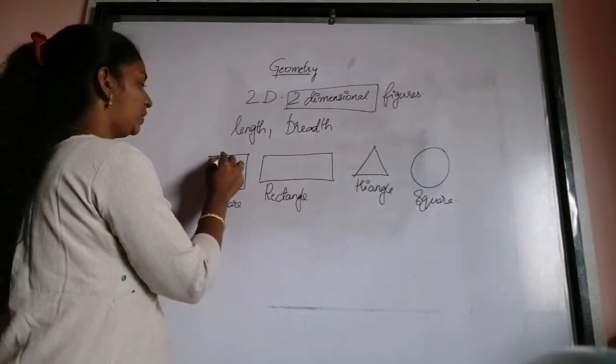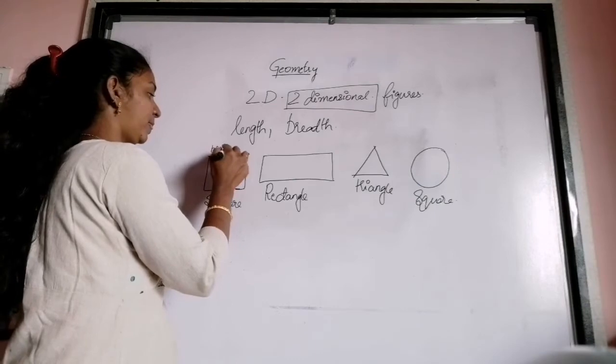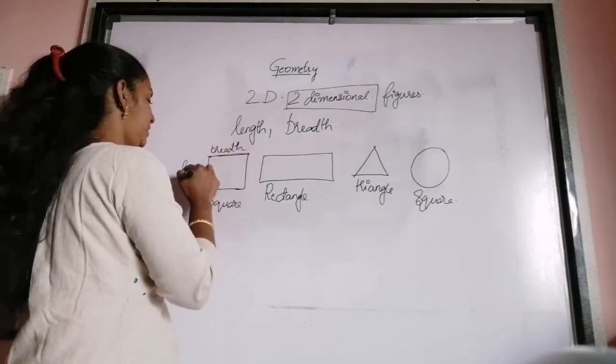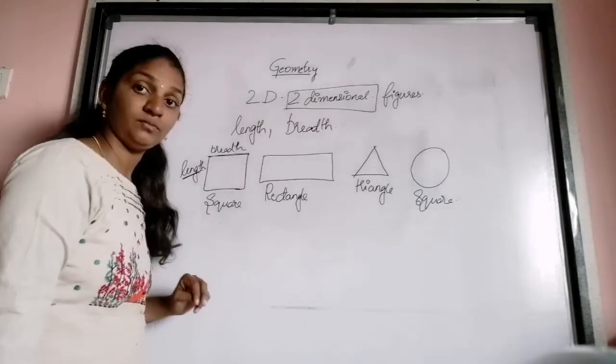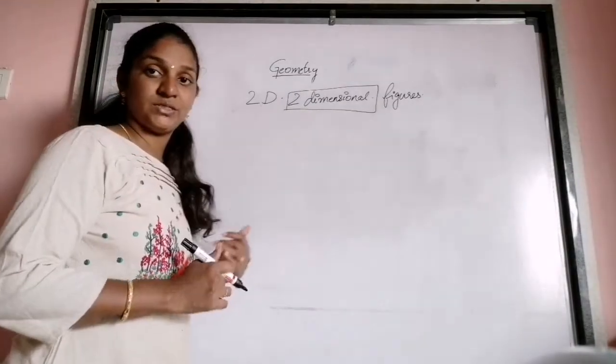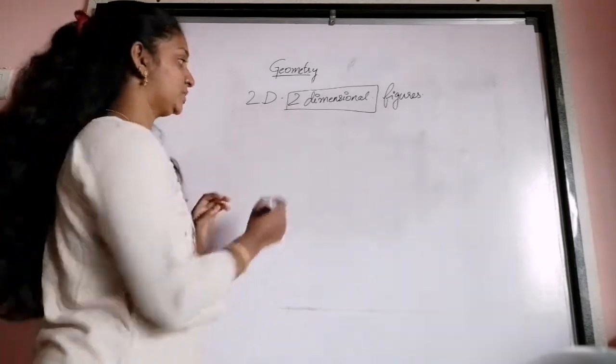Why? Because they only have breadth and length. Let's take some daily items as examples for these.